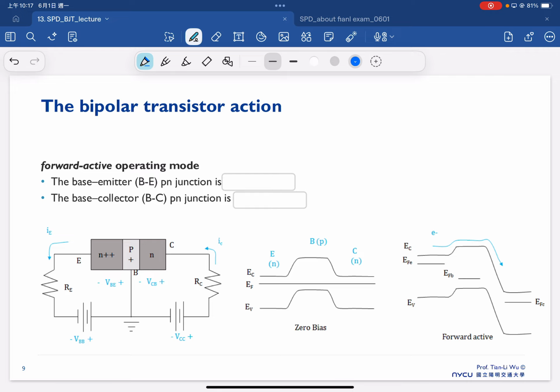So now we will try to analyze the actions of the forward active operation further. With the previous consideration that under the forward active, the base emitter PN junction is forward biased, and the base collector junction is reverse biased.